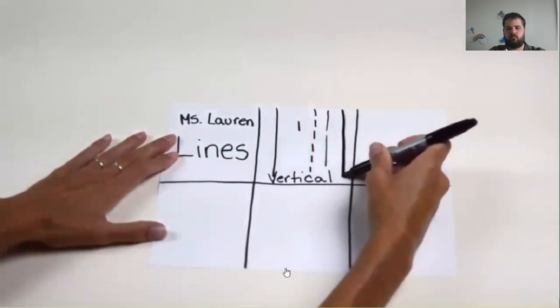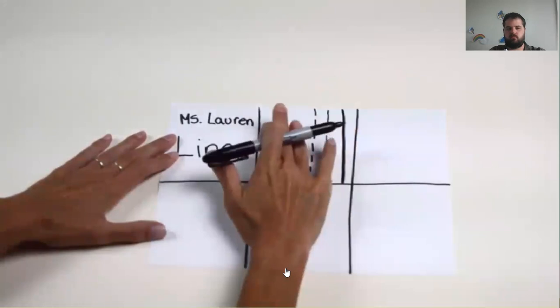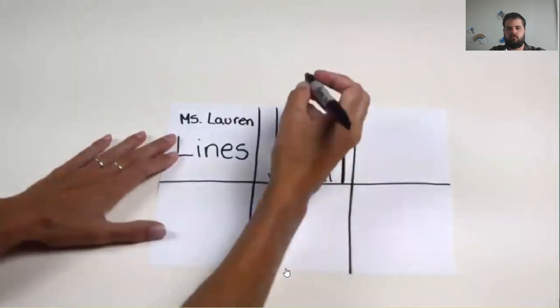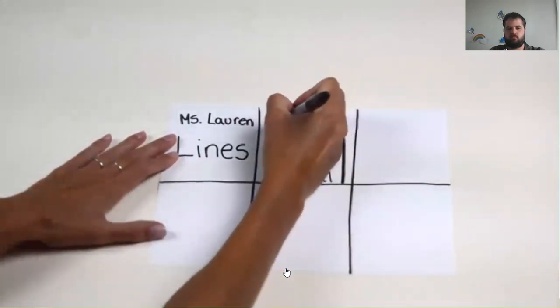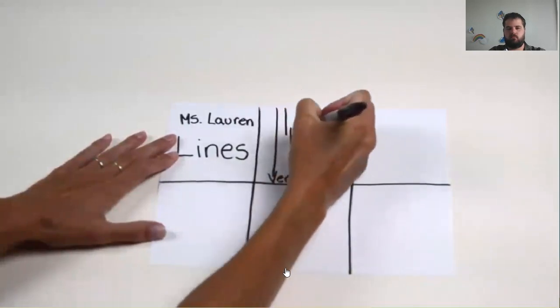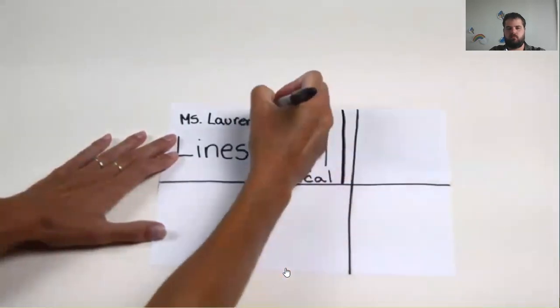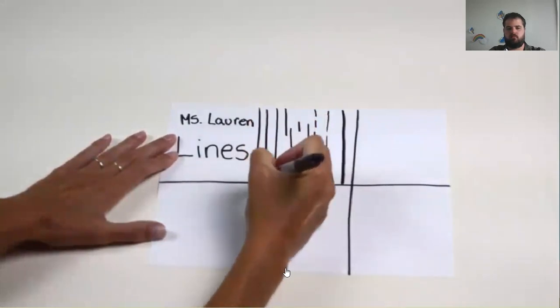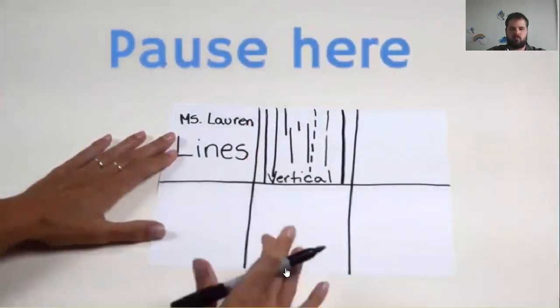So go ahead and practice vertical lines in this first box, all different types. Up and down. So these are our vertical lines. Let's carry on watching.